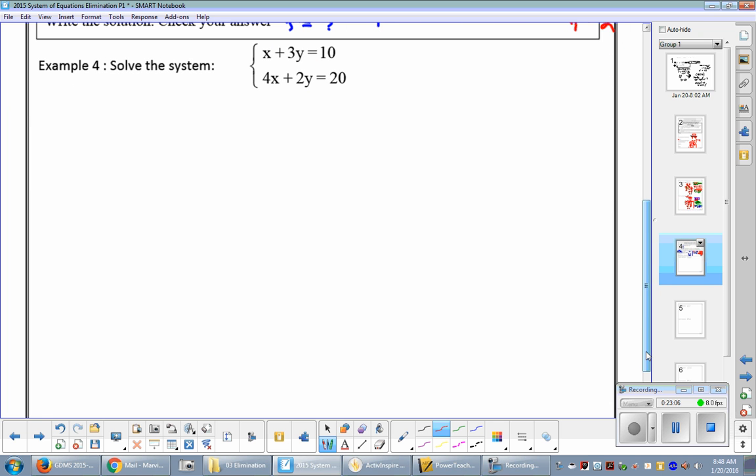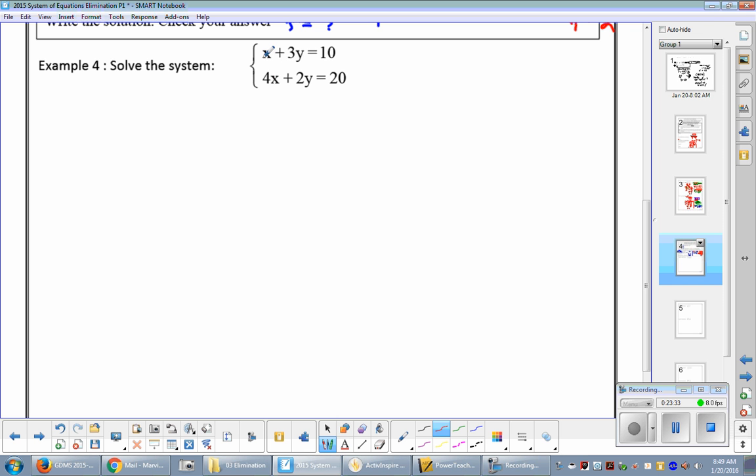Example number 4. Which variable do you think is easier to eliminate, x or y? X, okay? So if you look at your second equation, you have 4x here. In your first equation, you have your x.